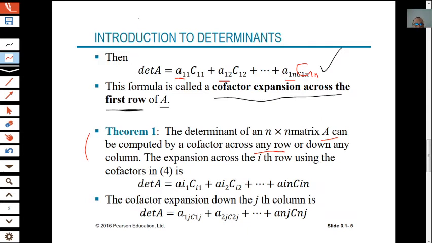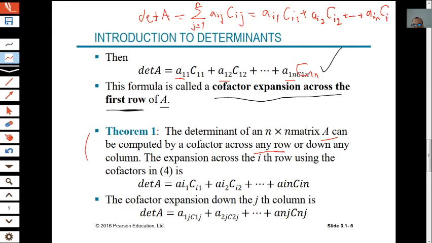So the formula for the determinant can generally be written as the sum from j equals 1 to n of aij times bigger Cij, or explicitly, ai1 Ci1 plus ai2 Ci2 and so on, ain Cin.